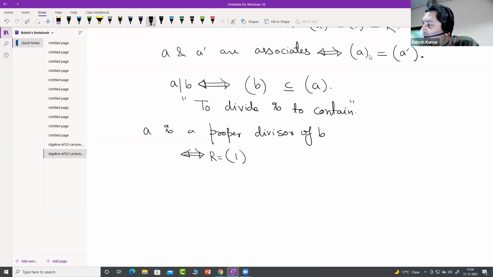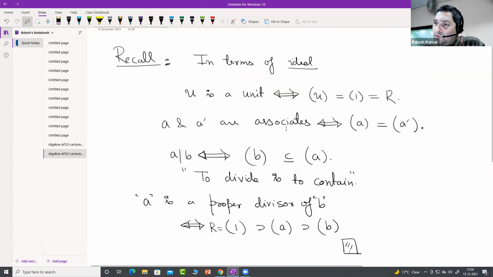Proper divisibility means that the ideal generated by A is properly contained in the ring R, and the ideal generated by B is properly contained in the ideal generated by A. This is the meaning of A being a proper divisor of B. So we have interpreted the earlier definitions in terms of ideals.